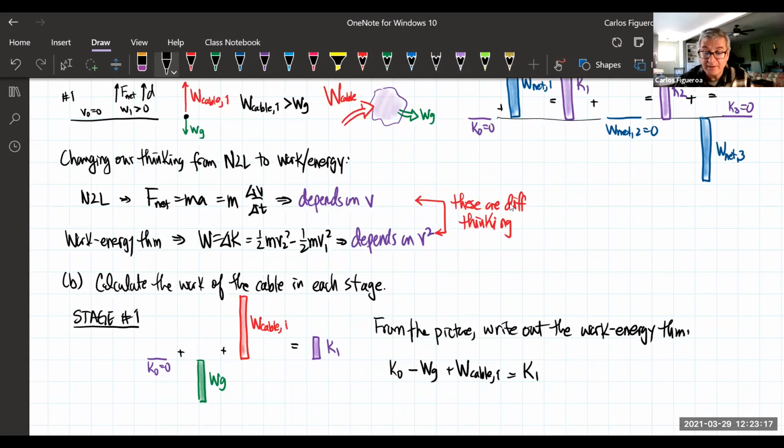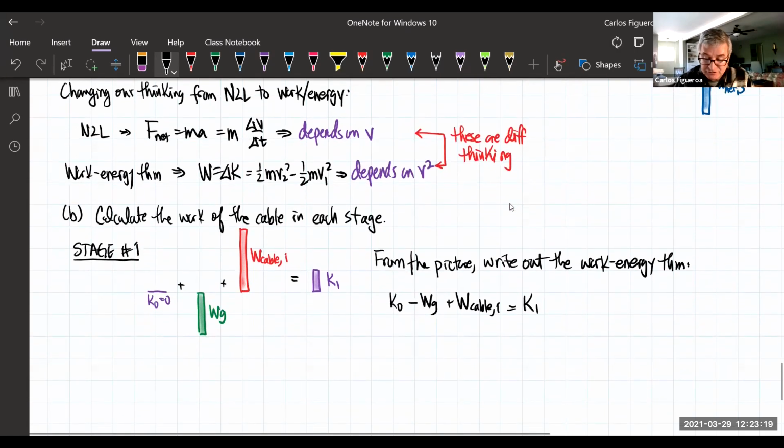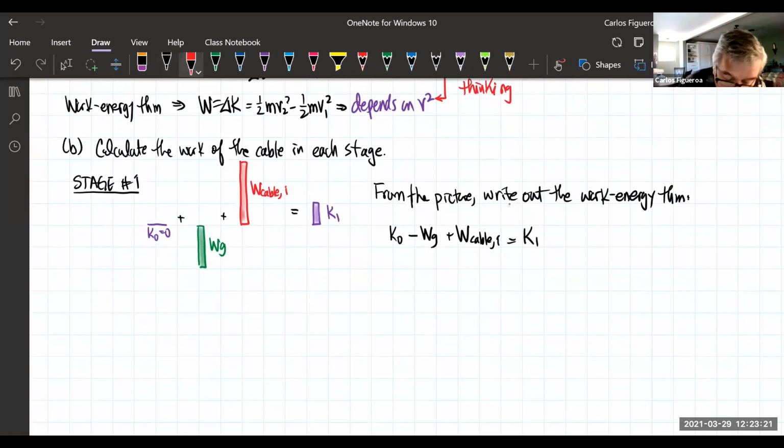So how do I calculate this thing here? Well, for starters here, we know that K1 is what? 0. So I'm going to solve for the work of the cable. Solving for the work of the cable tells me that the work of the cable of 1 must be what?